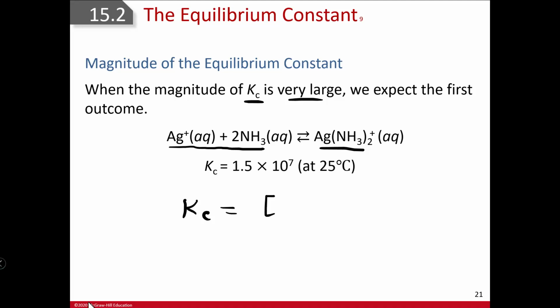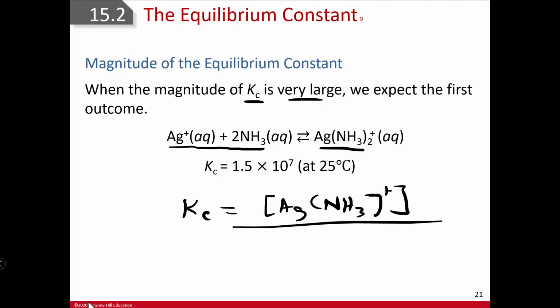So the product is this silver ammonia complex, and the reactants are the silver ion concentration and the ammonia concentration. Don't forget the 2 there, the coefficient of 2.